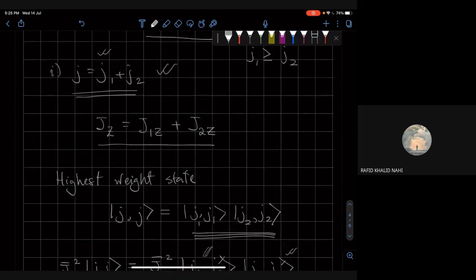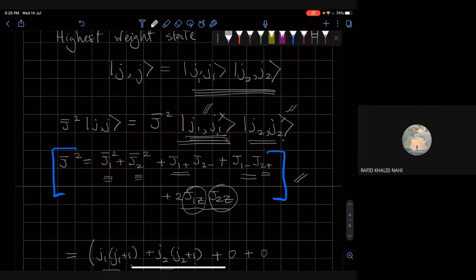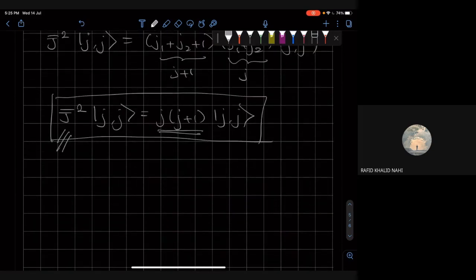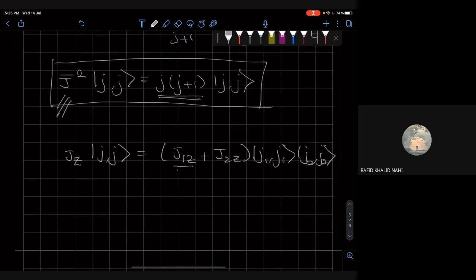So this tells me that the first test of this assumption passes the test. What is the second test? The second test obviously is the Jz. So the Jz acting on this is very trivial to show. This thing will act on this thing to give me J1. This thing will act on this thing to give me J2, and then JJ.